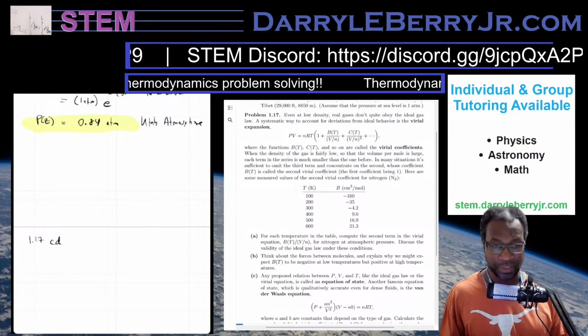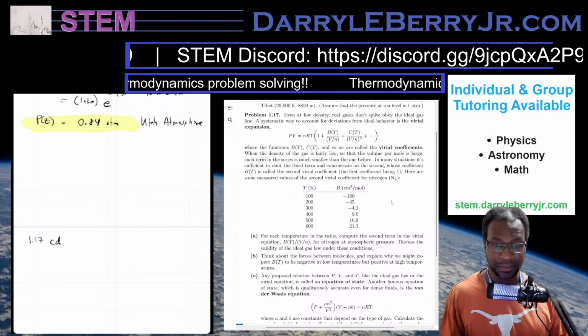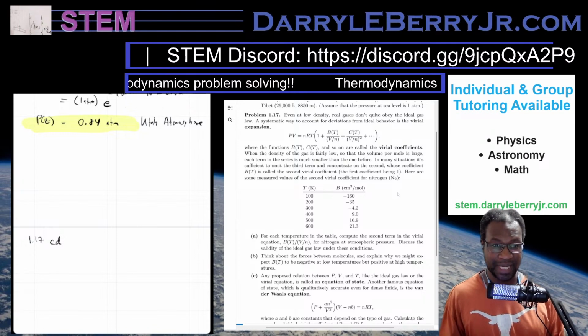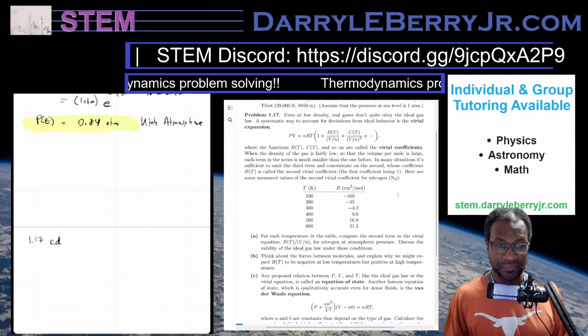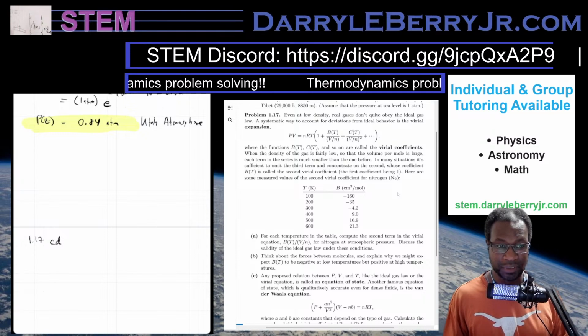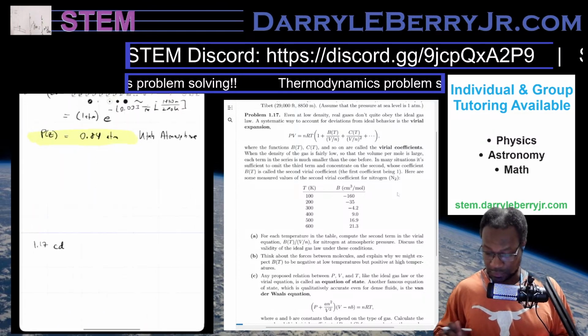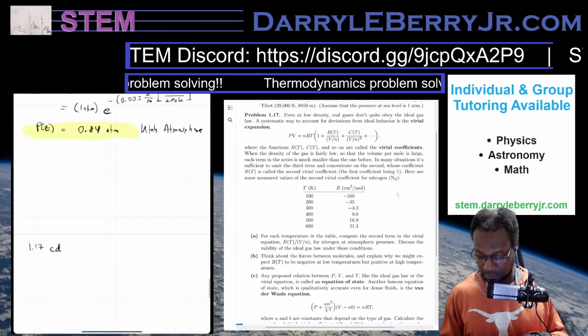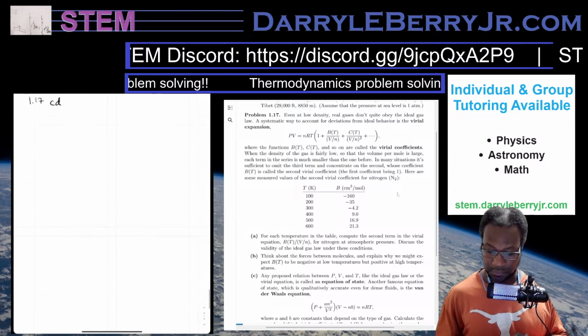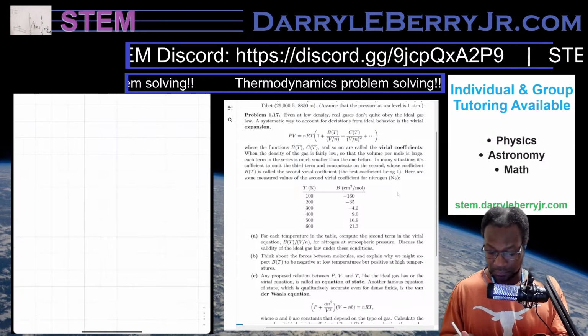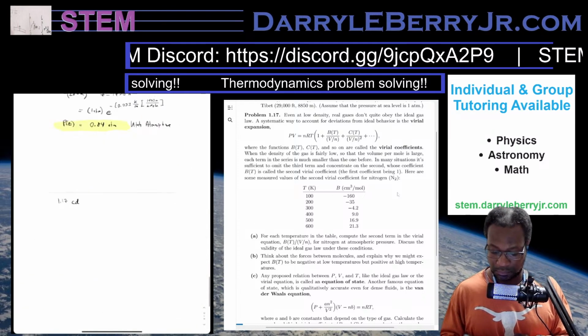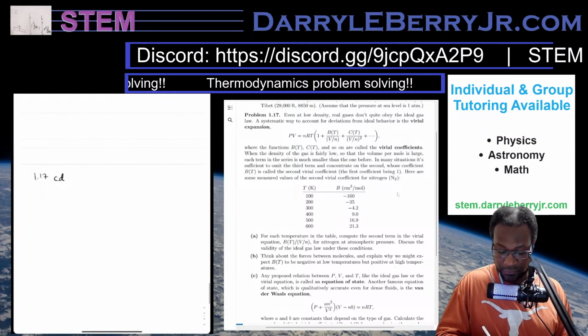Because even at low density, real gases don't quite obey the ideal gas law. A systematic way to account for deviations from ideal behavior is the virial expansion.